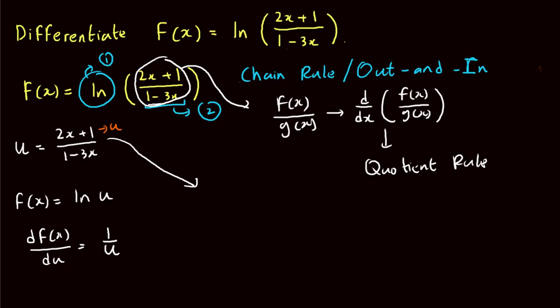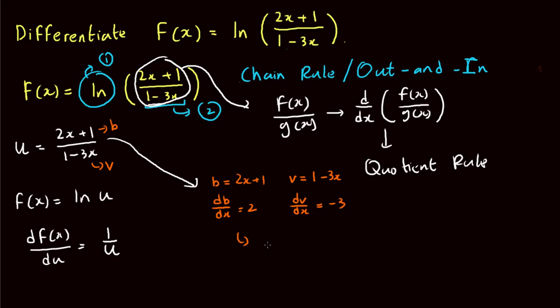Okay, let's not use u actually, we already used u twice. So let's use a different letter, let's call them b and v. So b is 2x + 1, so db/dx equals 2. v equals 1 - 3x, therefore dv/dx equals negative 3.